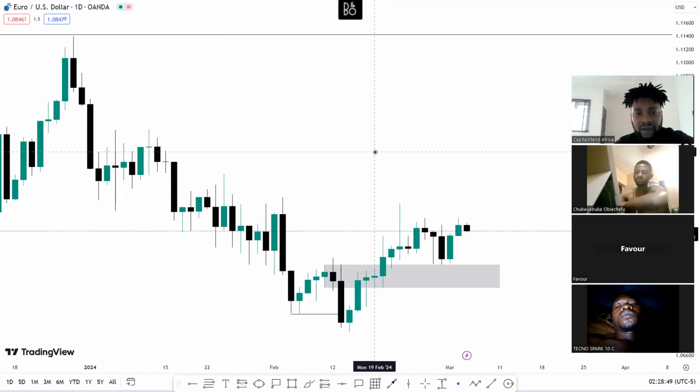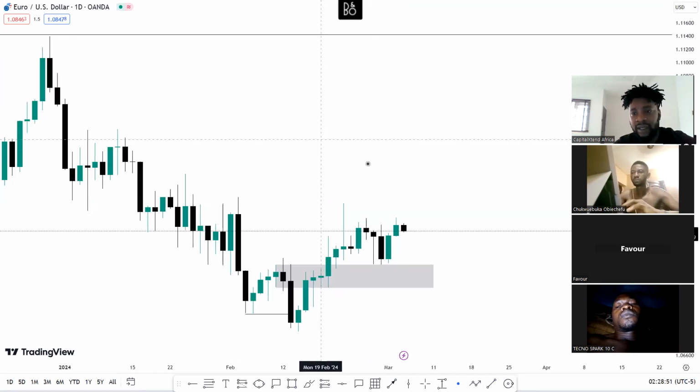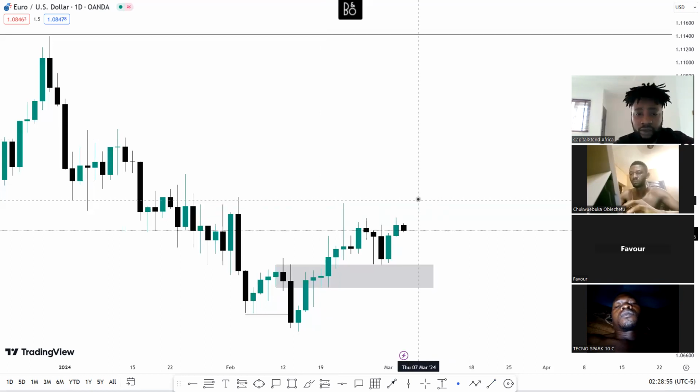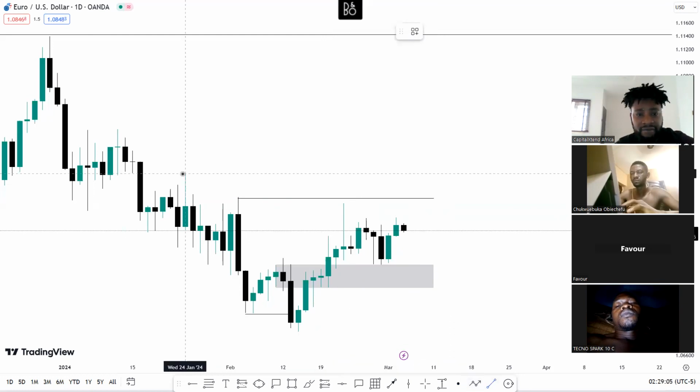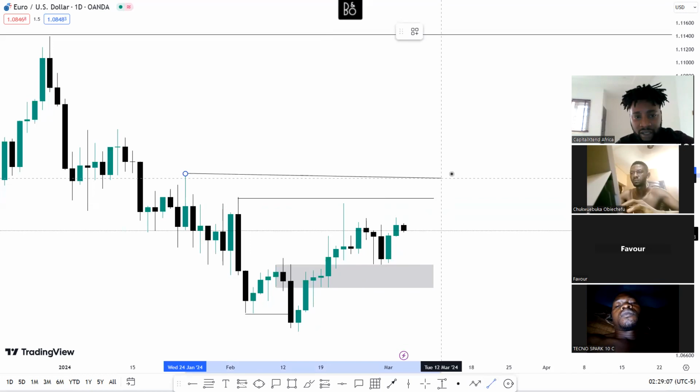So this is another confirmation that price is going to go up. Euro USD is going to buy, at least to come take out this buy stop liquidity resting here. We have plenty of liquidities here that price needs to take out.